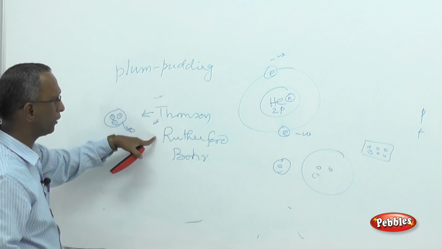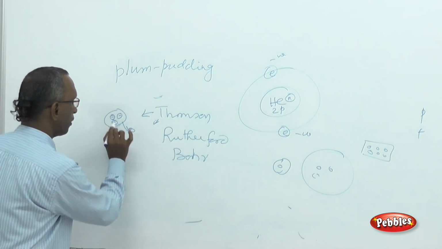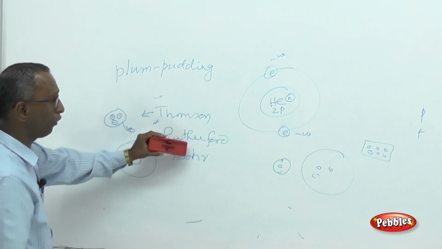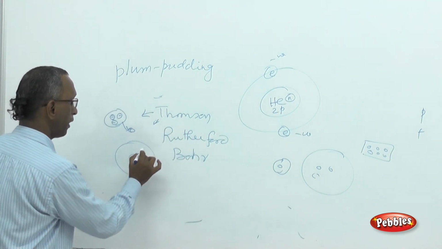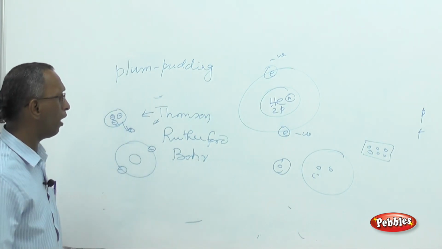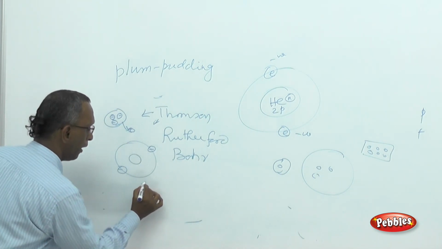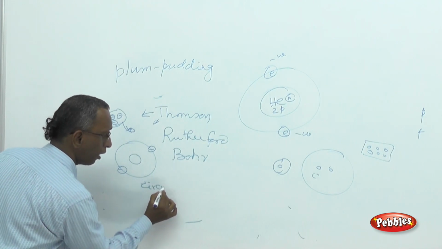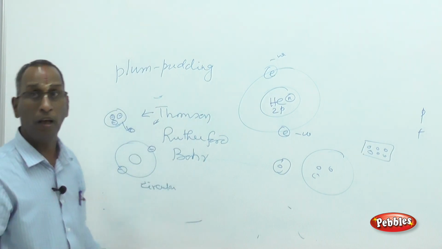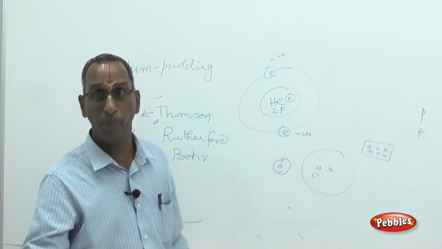Later on it was observed that electrons are not embedded. Electrons form a separate region. In the Rutherford model, he described electrons revolving around the nucleus in certain orbits. He told that they revolve in circular orbits. Bohr modified that they revolve in elliptic orbits.